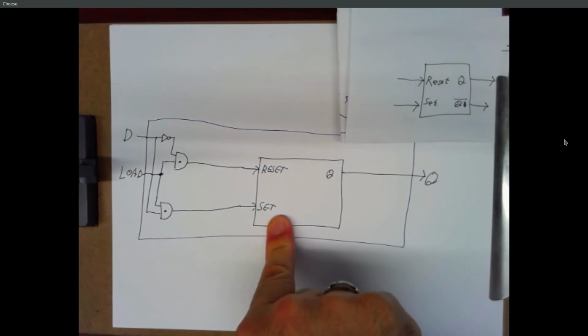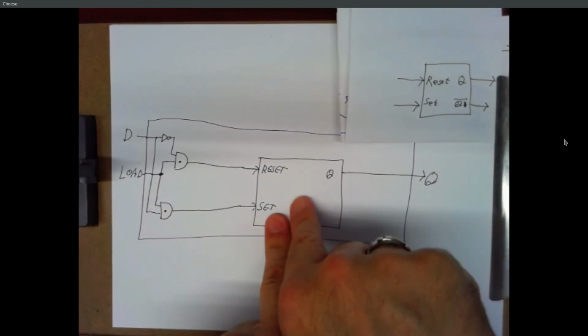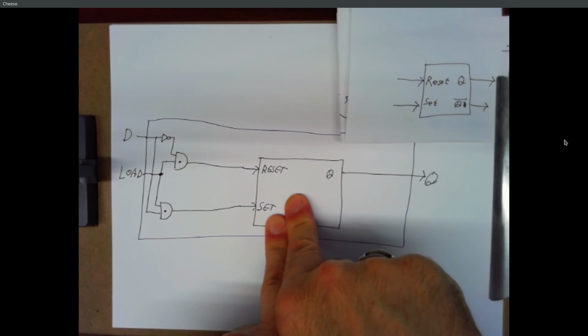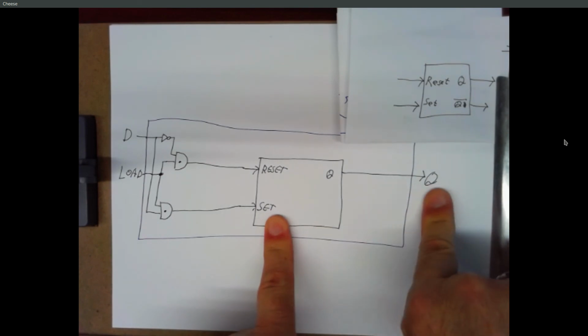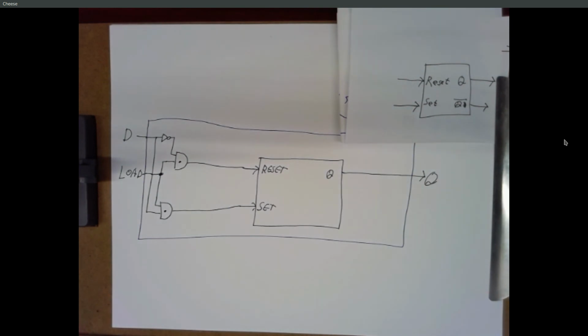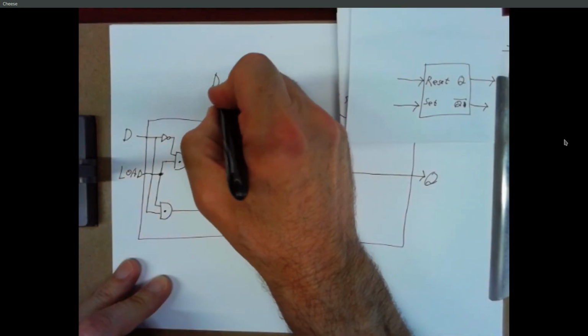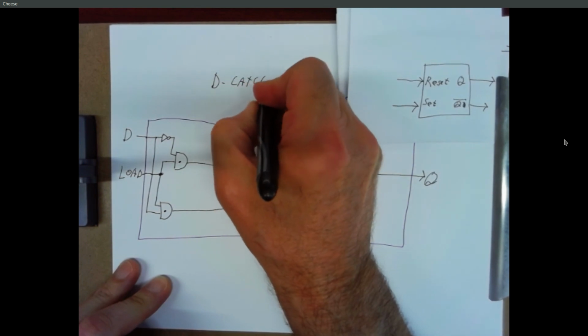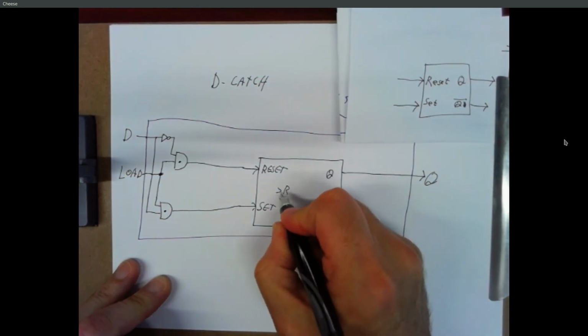And when load goes low again, it's going to ignore D, and whatever value was in here, whether we set it or reset it, that's going to be latched. And so we can read the output here of the last value of D that we loaded. So that's a D latch, where this thing is an SR latch.